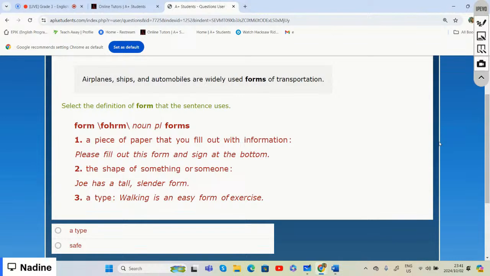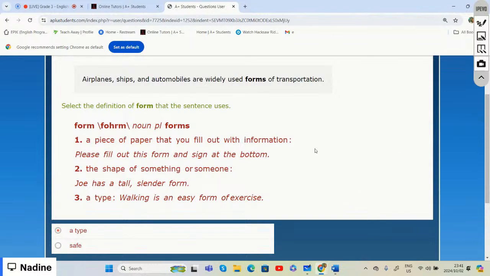If we select the correct option, is it option one, a type, or option two, the shape?